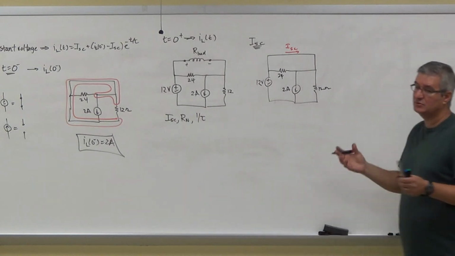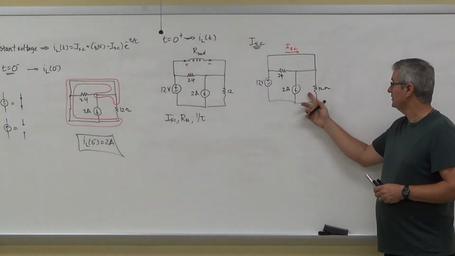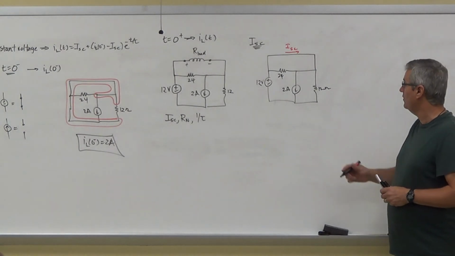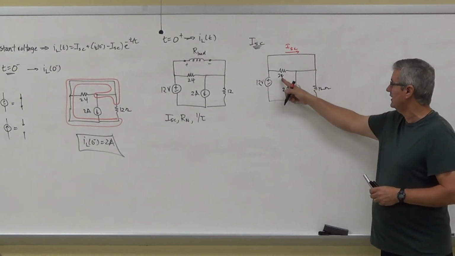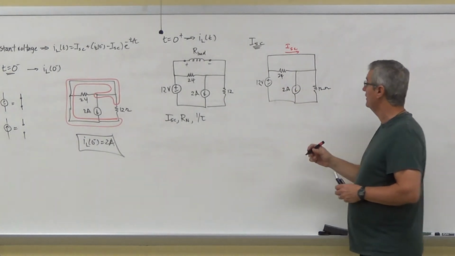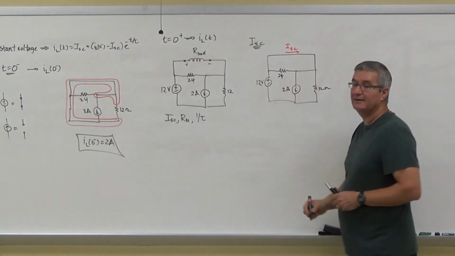So what I'm going to do, I'm going to do source transformations. I'm going to convert this guy into a voltage source here. And so note that this guy is going to be in the opposite direction. Right away, you could see that I short circuit has to kill the 24 volt source. The 24 ohm resistor. Okay, so this guy is already dead.